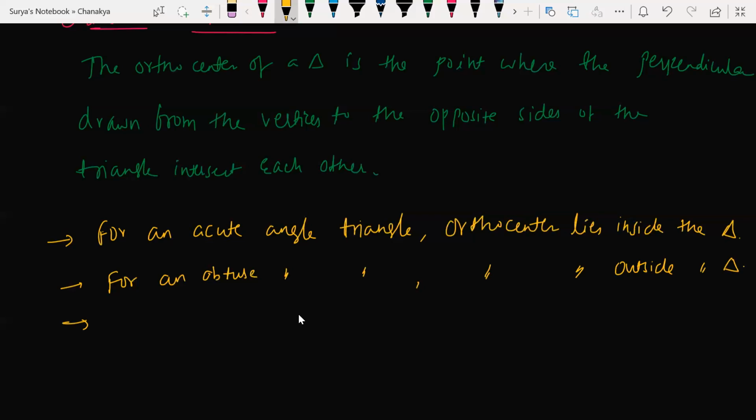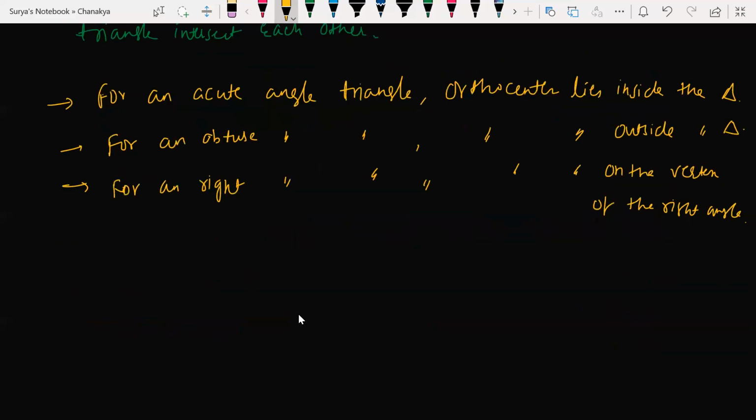For a right angle triangle, the orthocenter lies on the vertex of the right angle. So basically this is a very important point.